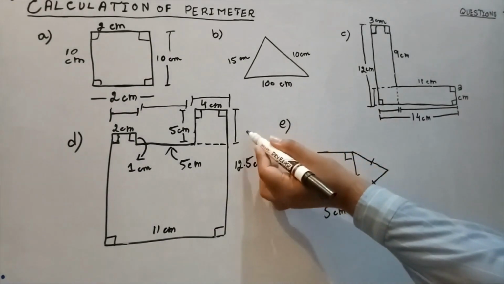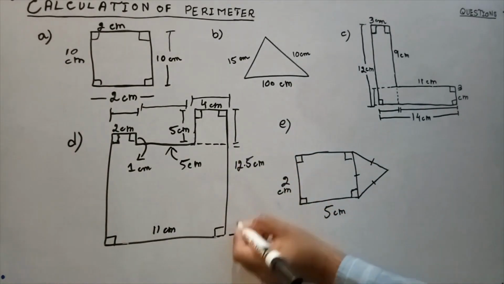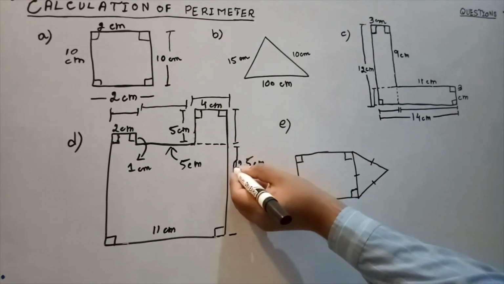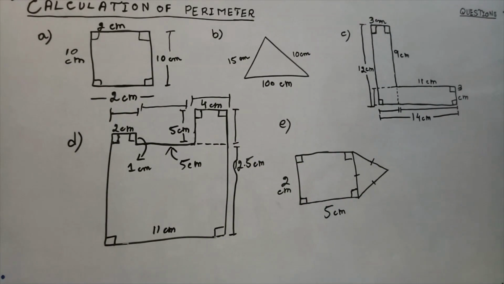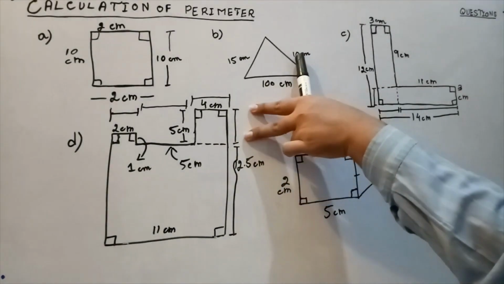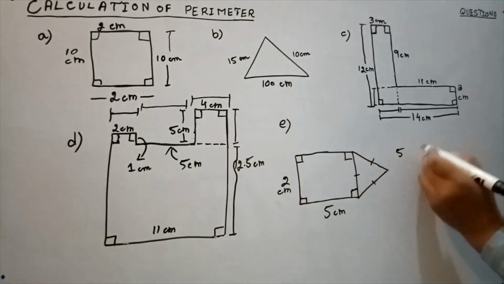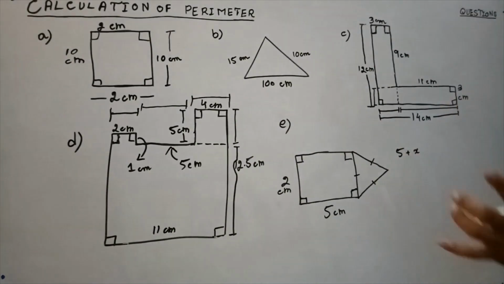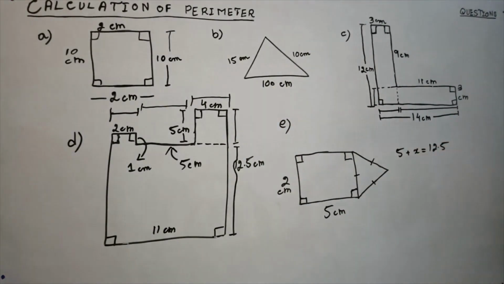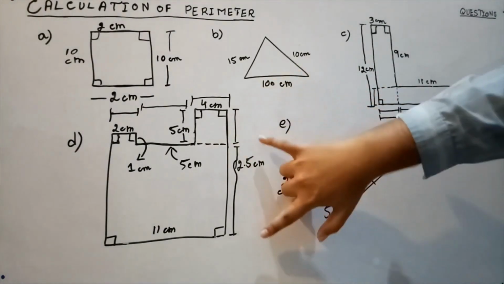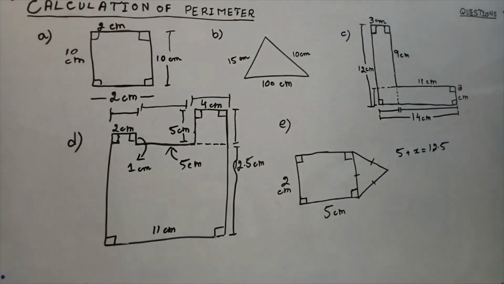Clear? So to find this length, what we can do now, if I add this 5 centimeters and this unknown length, let's say it be x, I will get the total length, which is 12.5 centimeters.